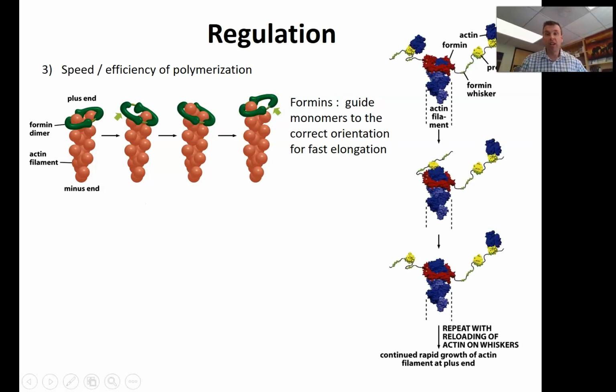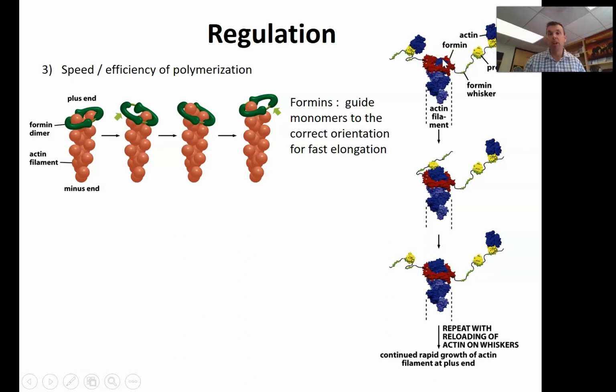And formin is this kind of cool protein. So in purple here, we have our actin monomers together in the filament. Formin is almost kind of this hula hoop type ring, and that hula hoop spins around the monomers as they're added so that it's always at the edge. And then it has these two long arms with multiple binding partners. All right, remember, profilin helps bind to actin and helps it grow faster.